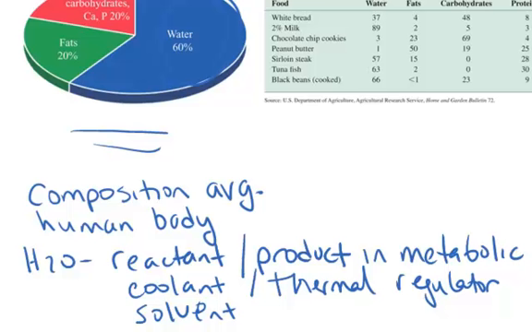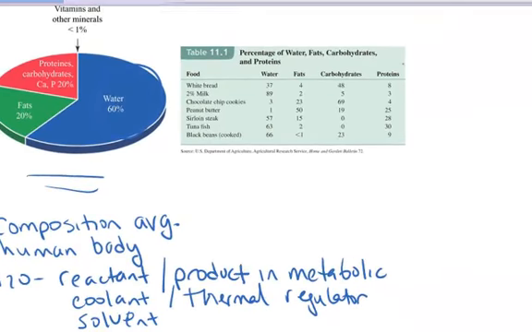It's the solvent inside and outside cells, you might say. Okay, so water is very important. And then the other 40% of the body is broken down into fats, and then proteins, carbs, calcium, and phosphorus. All right, so let's compare this composition of the body to the percent composition of water, fats, carbs, and proteins in different foods.